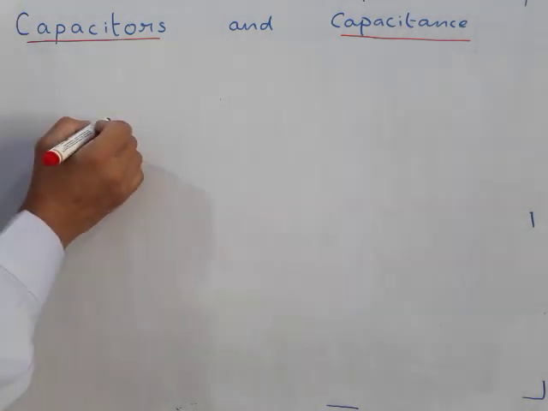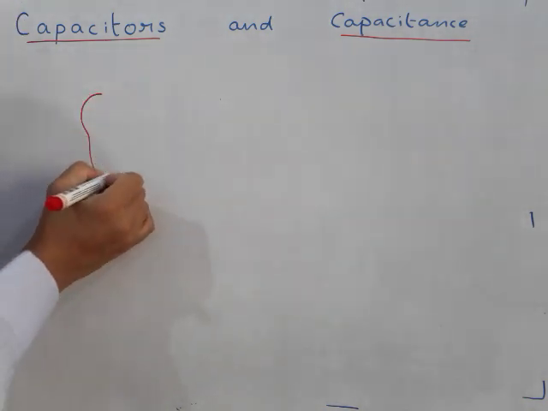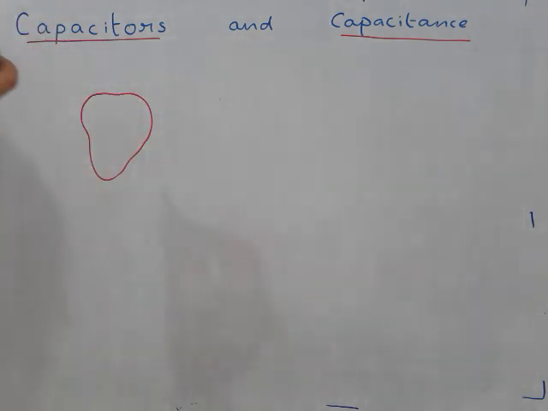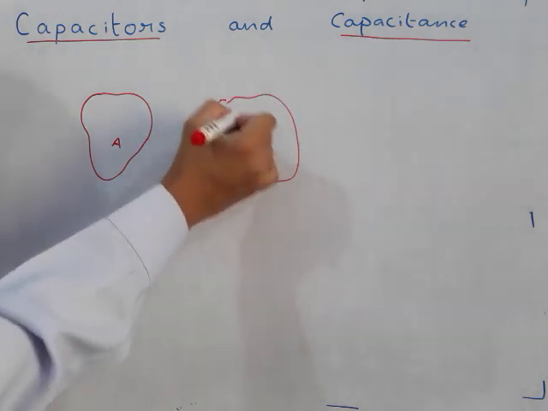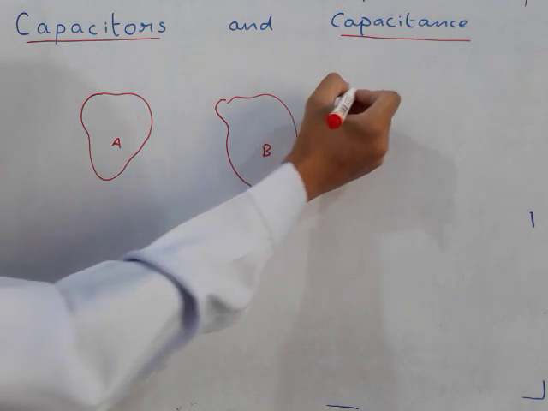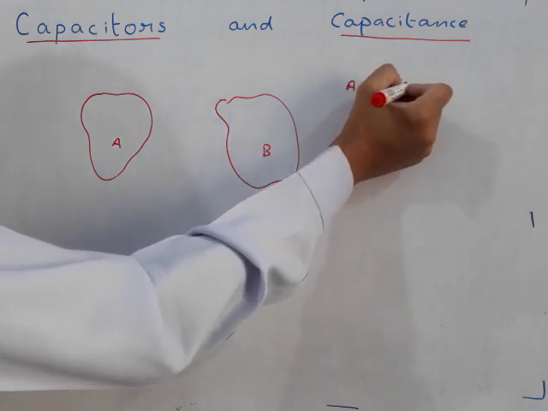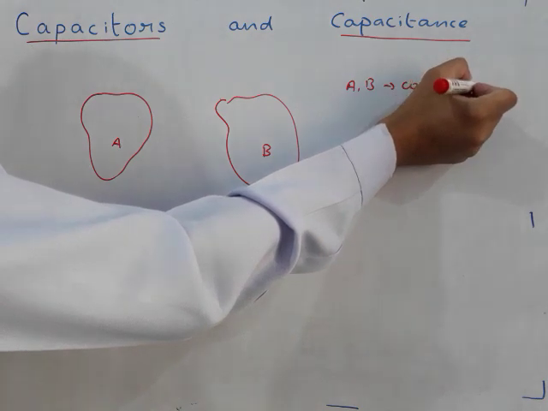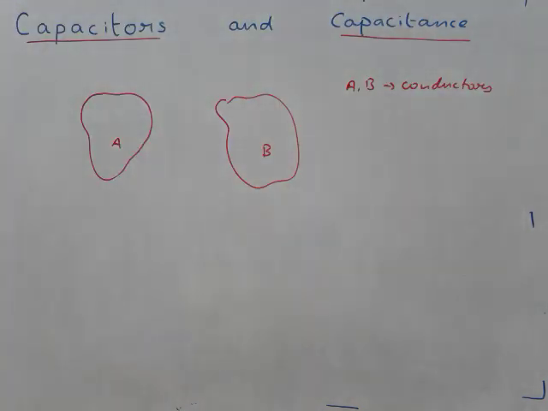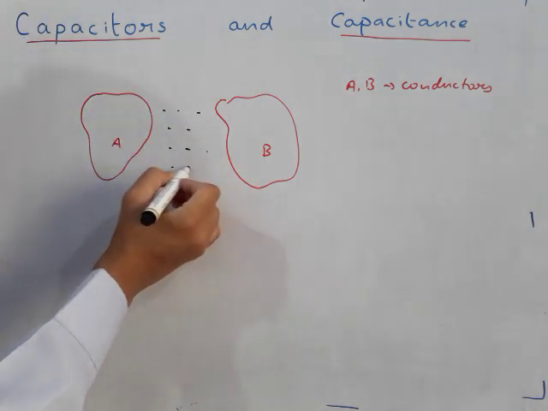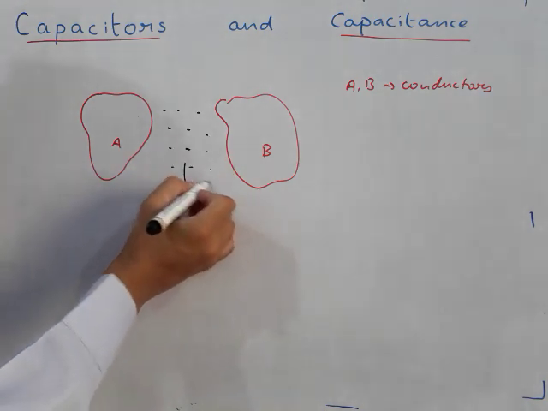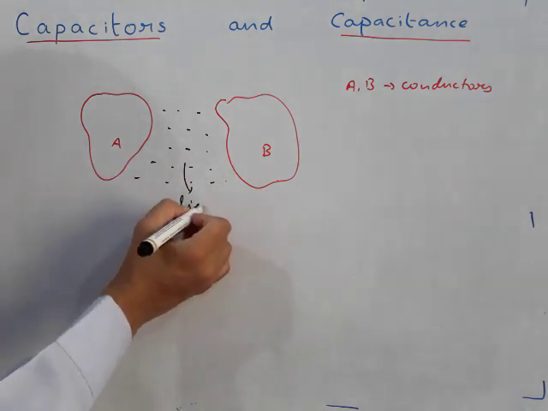If you have any two conductors of any shape, suppose this is conductor A and there is another conductor B. So A and B are conductors, and if these two conductors are separated by some insulator or dielectric in between them, there is a dielectric.